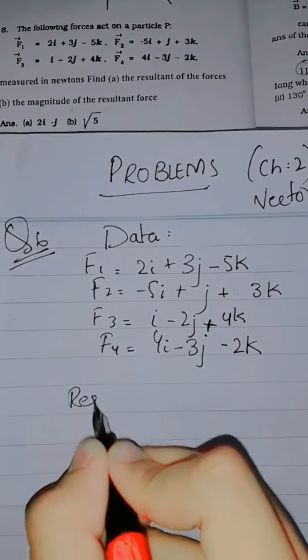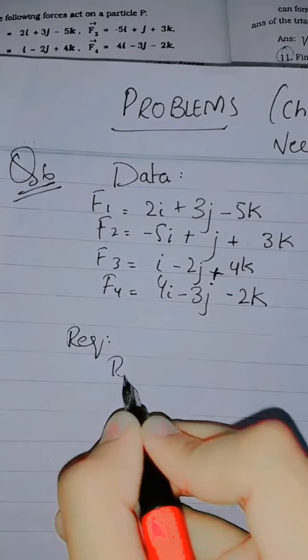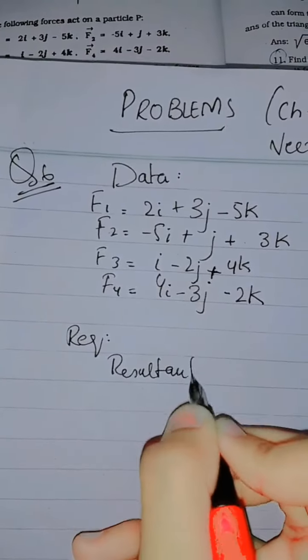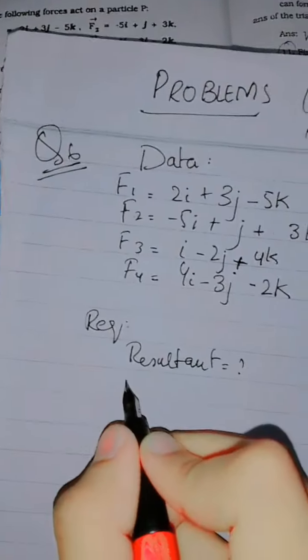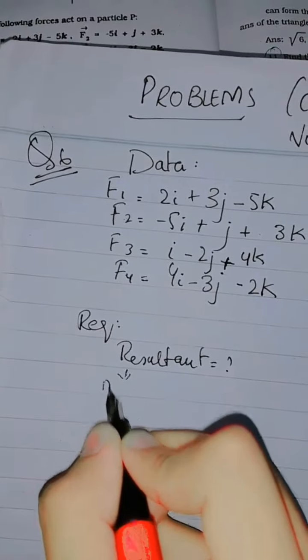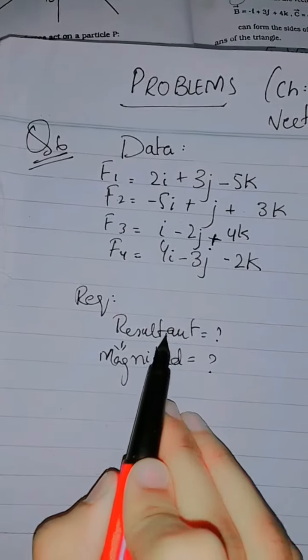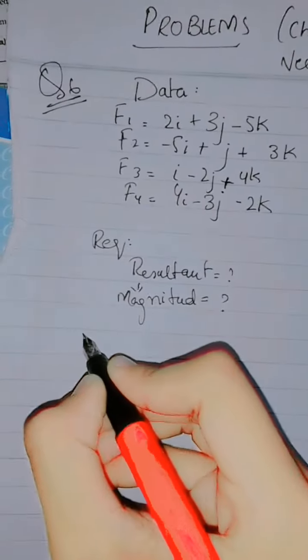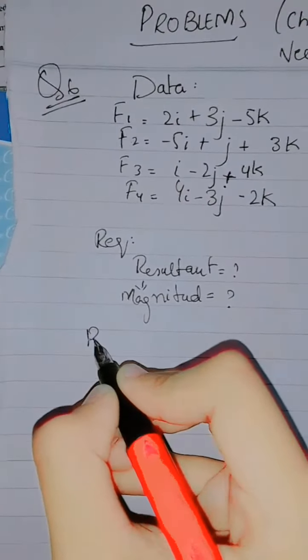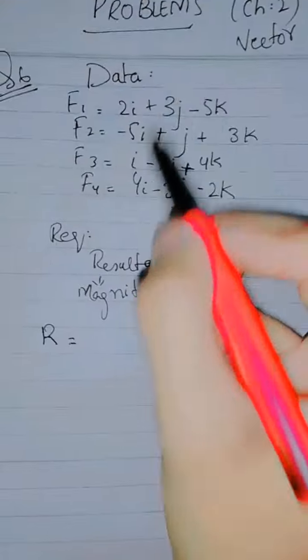So required we have two things. First of all the resultant we have to find, and second the resultant magnitude. So starting with the resultant, to find the resultant we'll be adding all these forces.